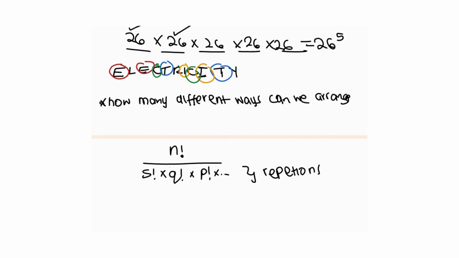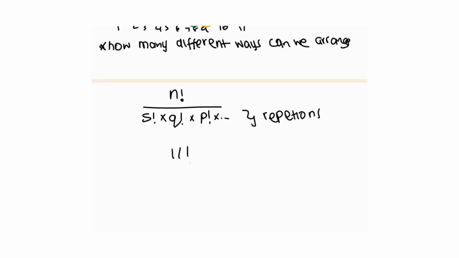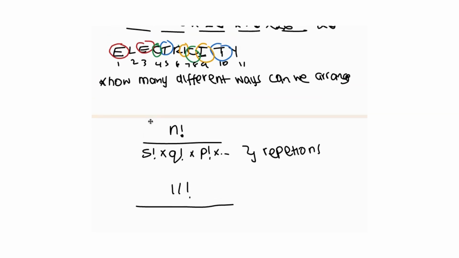Meaning, for this one, how many letters make up electricity? 1, 2, 3, 4, 5, 6, 7, 8, 9, 10, 11. So this is going to be 11 factorial divided by, we have E. How many E's do we have? We have 2 E's. How many C's? 2 C's. How many T's? 2 T's.